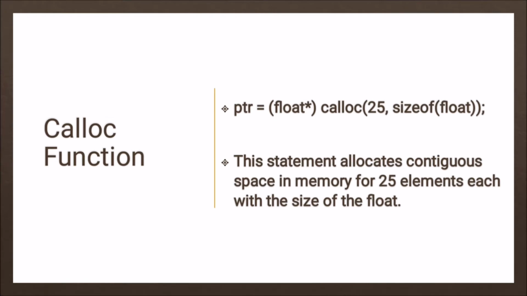For example, ptr = (float *) calloc(25, sizeof(float)). The statement allocates contiguous space in memory for 25 elements, each with the size of a float. So this is the basic difference between calloc and malloc.